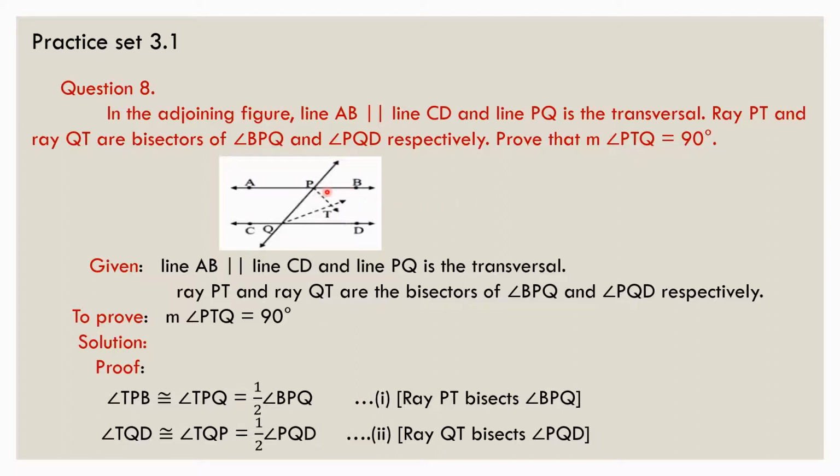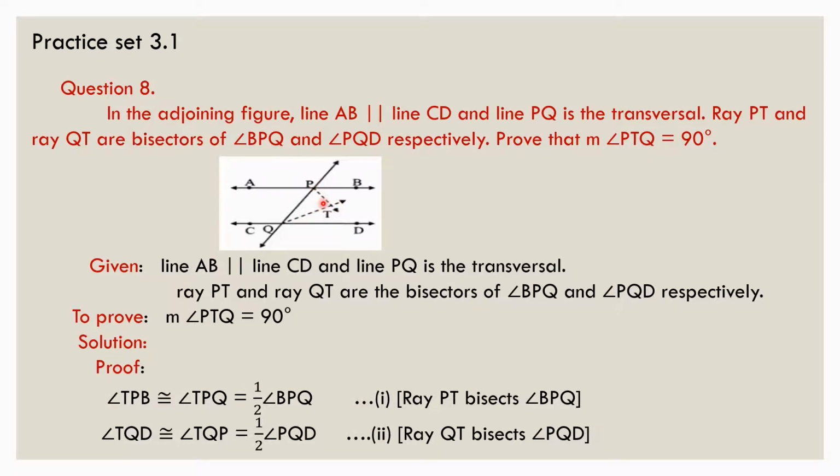In this figure, AB and CD are parallel lines cut by the transversal PQ. Ray PT and ray QT are the bisectors of the angles, and we have to prove that this angle PTQ is equal to 90 degrees.